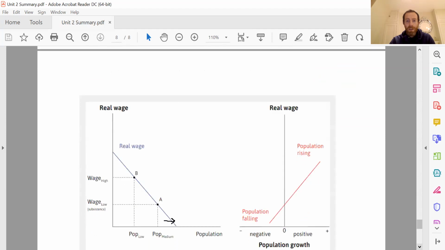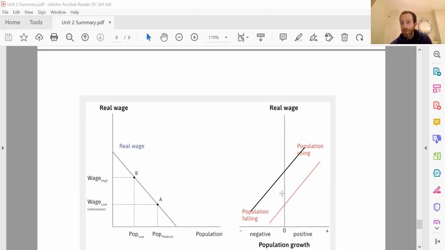But we can actually use Malthus' model to show us how the subsistence wage level could change. And you did see this in the homework, which is if there is some change to people's decisions about having children. So for example, in the homework, we saw that everybody decides now to, at particular wages, have fewer children, right?